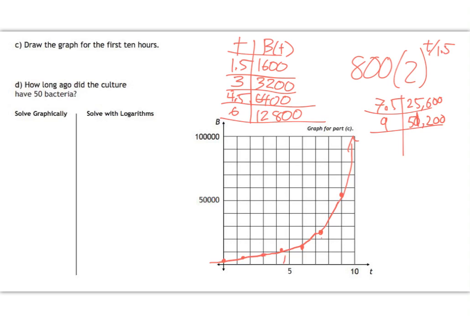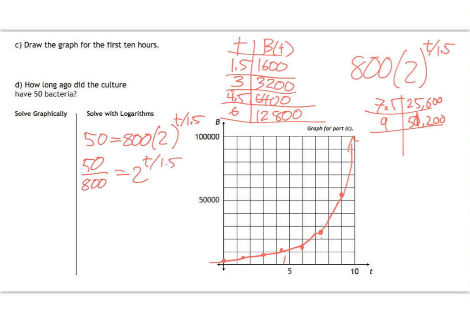How long ago did this have 50 bacteria? So we'd say 50 is equal to 800 times 2 to the T over 1.5. Divide by 800. So 50 over 800 is equal to 2 to the T over 1.5.